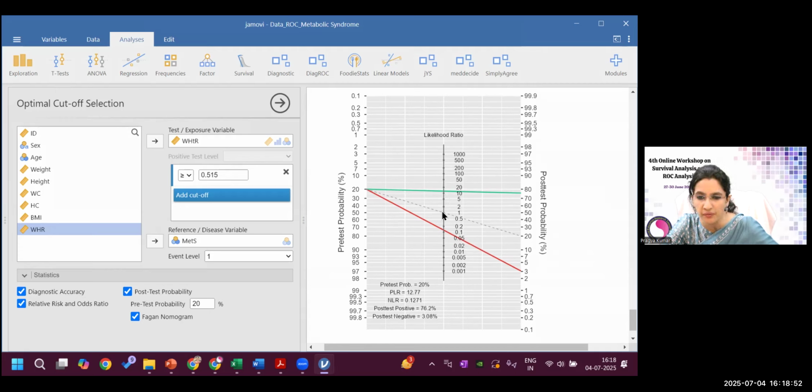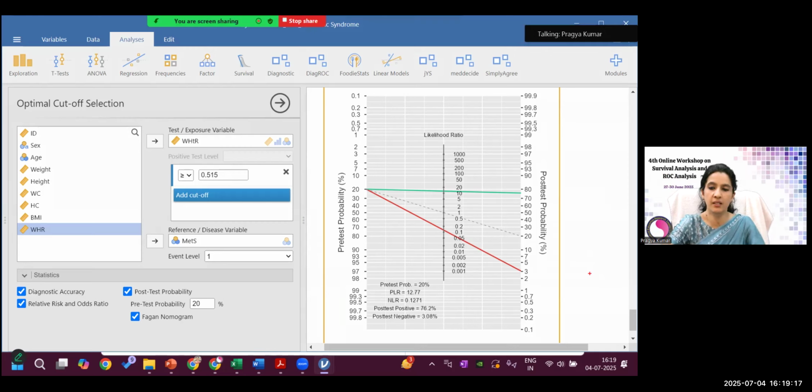But again, 0.5 and 20: it is the same, like pre-test and post-test having the same probability. The value of 0.5 is like a null. If the value of the probability is 0.5, it is null. That means there is no increase or decrease in the pre-test and post-test probability.